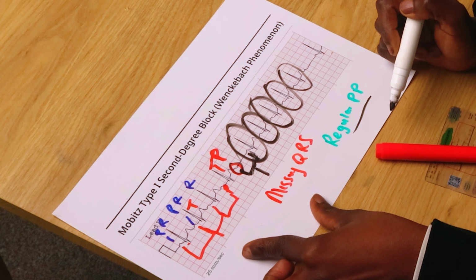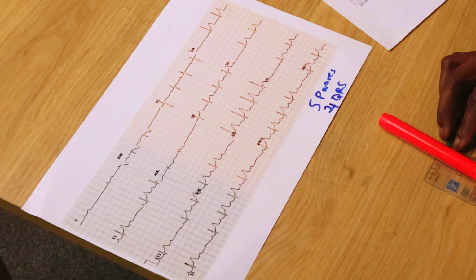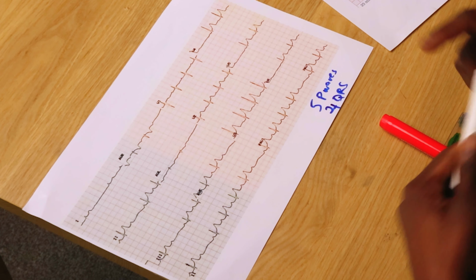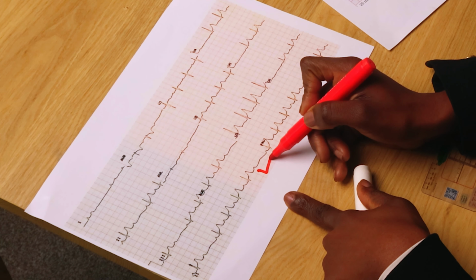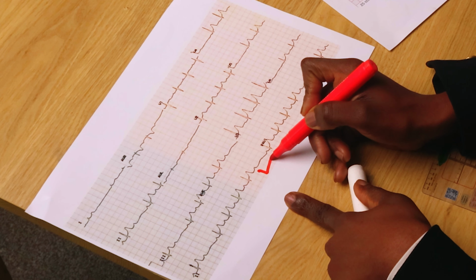So using another practical example here, what you will find as well is everything we've said. There is a cluster, there's a prolongation of the PR interval, there's a P wave here that does not get conducted into a QRS. And the pause is not compensatory. You cannot fit a QRS into this particular pause that you have here.